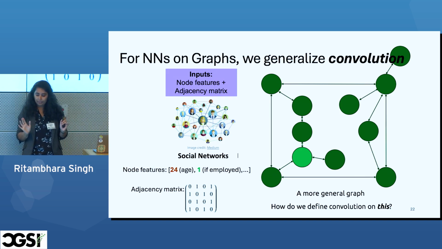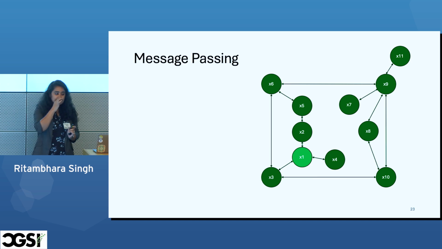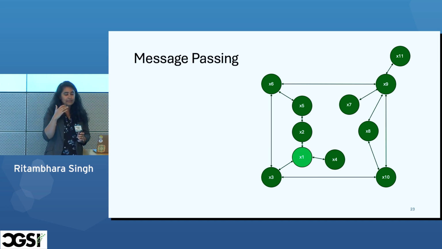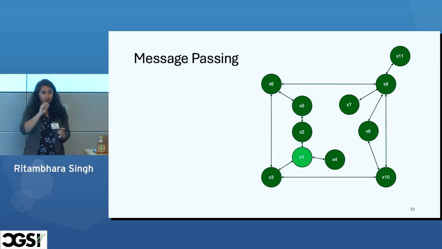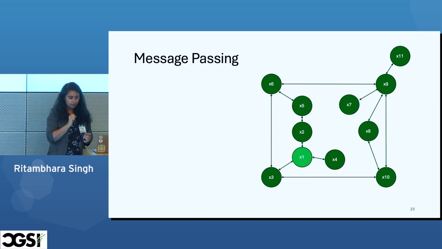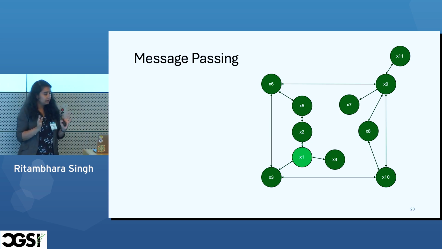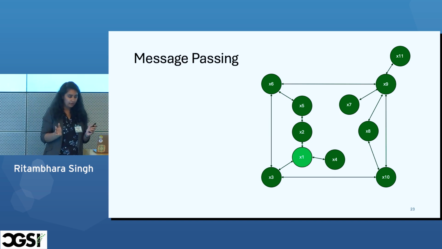All right? So now let's talk about how the information gets passed, and we call it message passing, which is the passing of information between the nodes of the graph. So first, everything is initialized with X, which are the original or the starting node features of the graph.